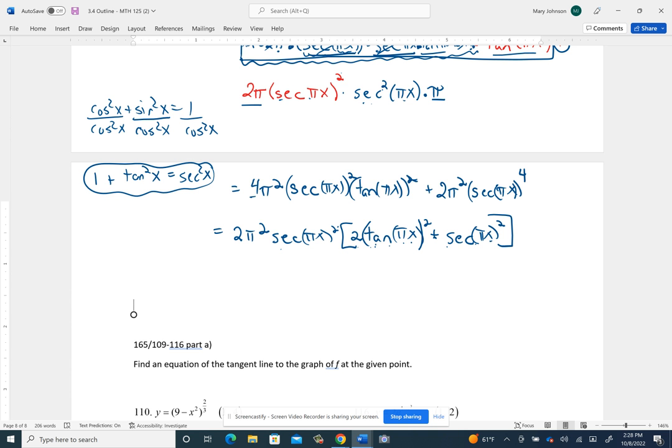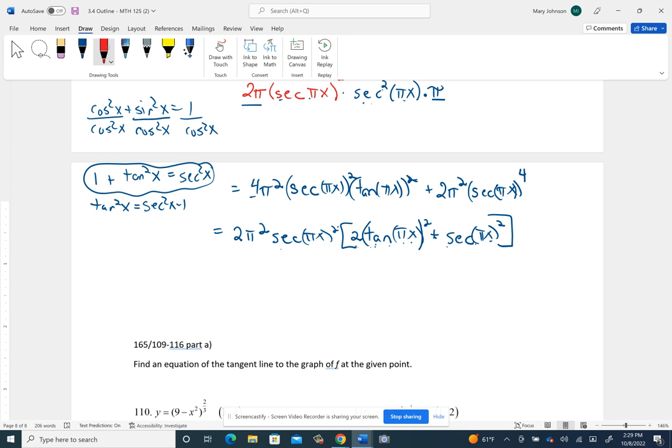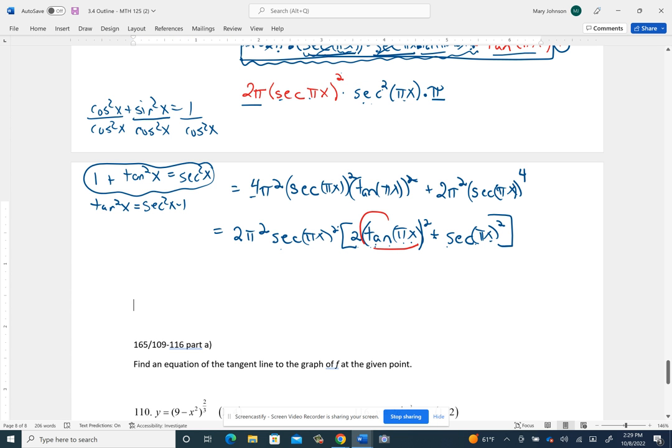This is the identity that I'm going to use now, because what I'm going to do is take that and remember that tangent squared x is the same as secant squared x minus 1. So right here, I'm going to use that. I'm going to replace this part right here, the squared and everything, with secant squared pi x minus 1.